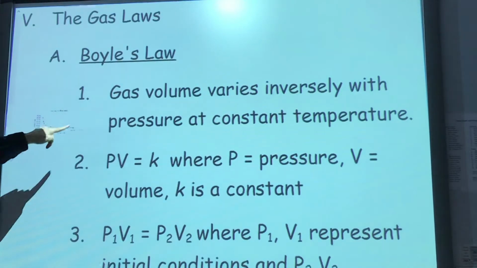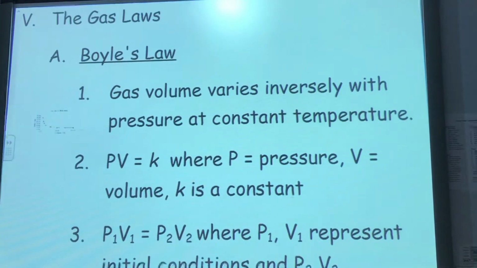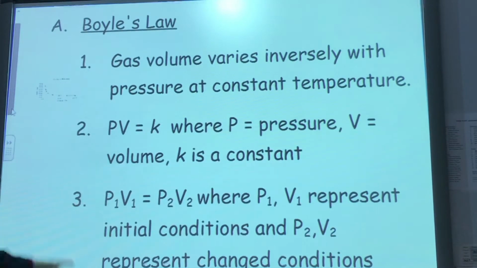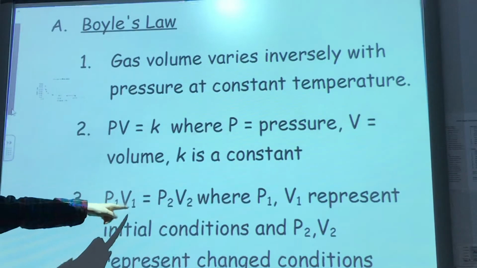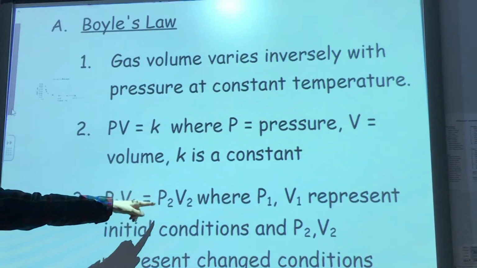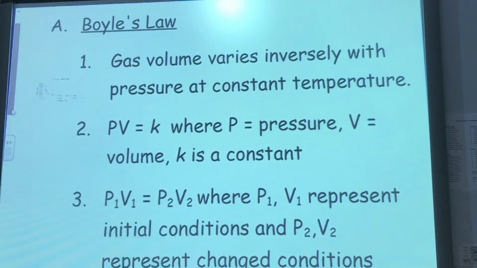It varies inversely. So we get this equation: the first pressure multiplied by the first volume equals the second pressure multiplied by the second volume, P1V1 = P2V2. You're going to have to know how to do problems using all of these gas law equations.